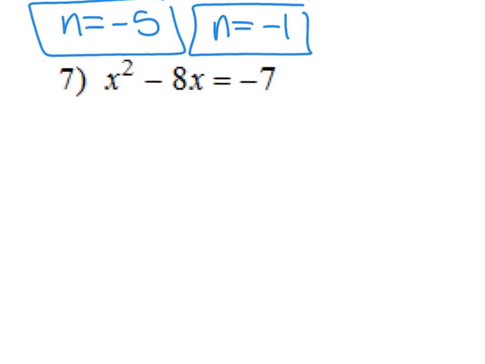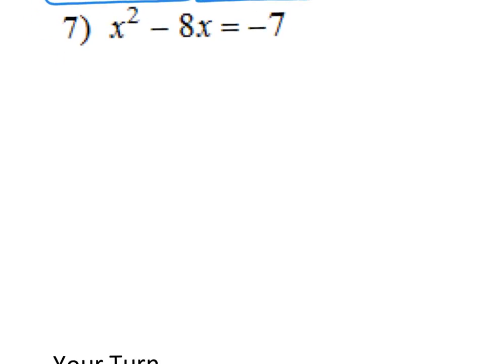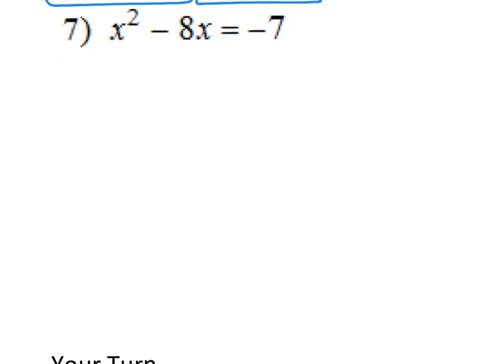Okay, let's just do one more of a factoring one where we have to use the diamond method. I just want to remind you guys how we're able to do that. If I'm looking at number 7, I want to drag this 7 over to the other side, and the way I could do that is by adding 7 to both sides. So I get x squared minus 8x plus 7 equals 0. Well, now the diamond method.